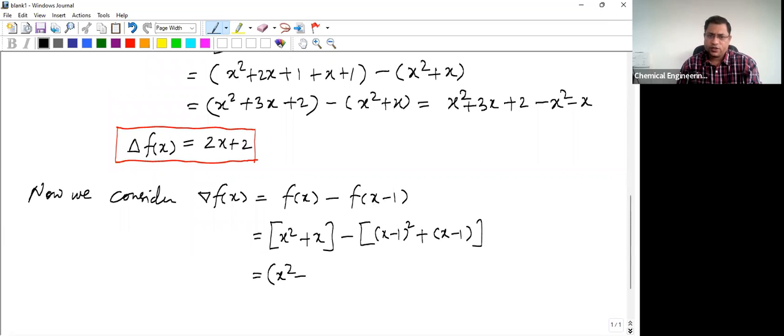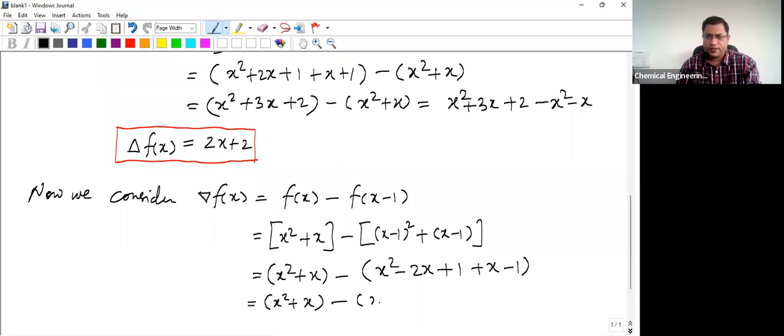We have x square plus x minus (x square minus 2x plus 1 plus x minus 1). Here the plus 1 minus 1 will be 0.